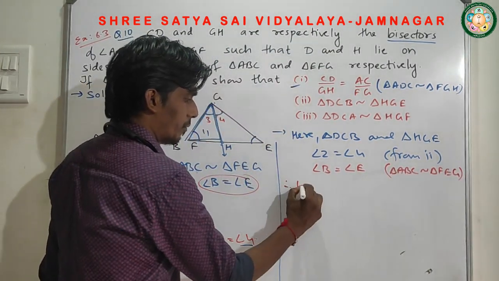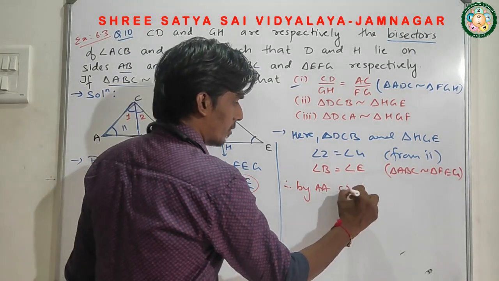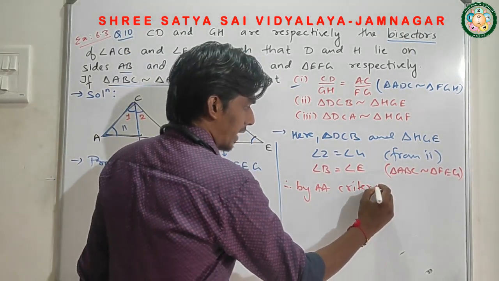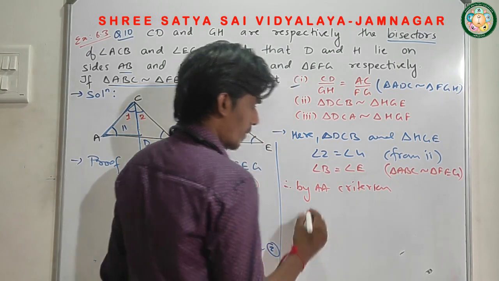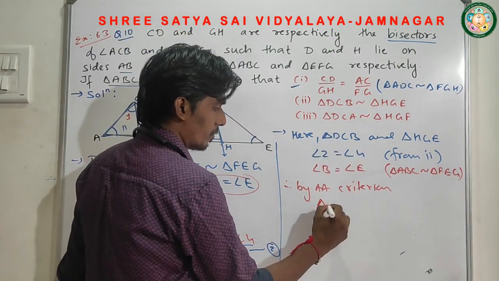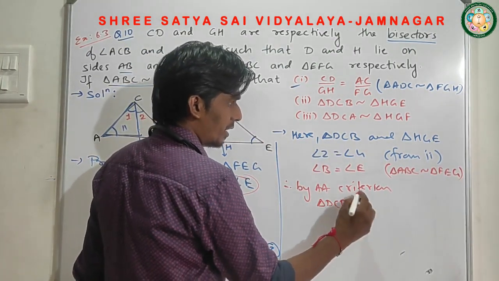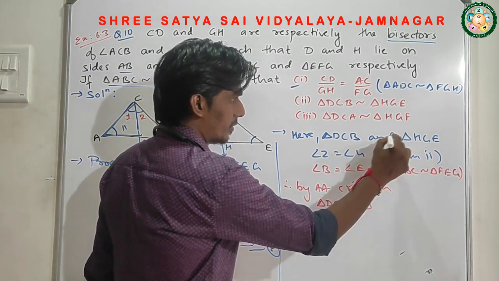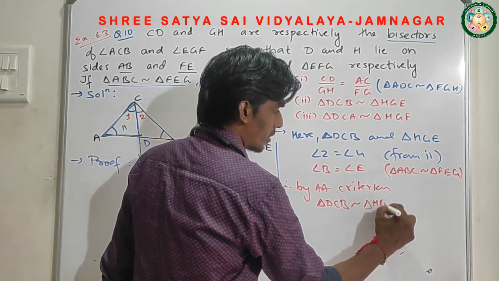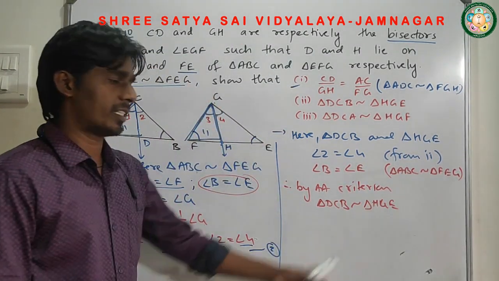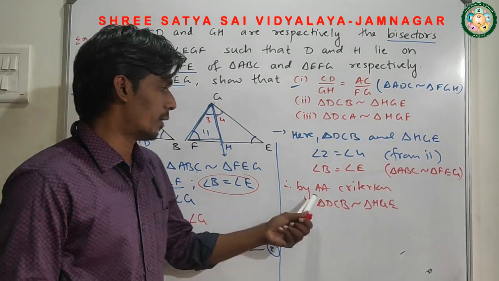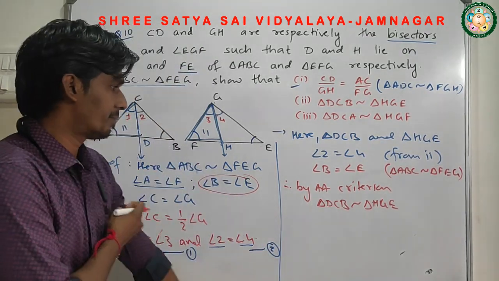Angle B is equal to angle E. So by the angle criteria, we can write triangle DCB is similar to triangle HGE. So this is the way we can prove the second one by using the angle criteria.